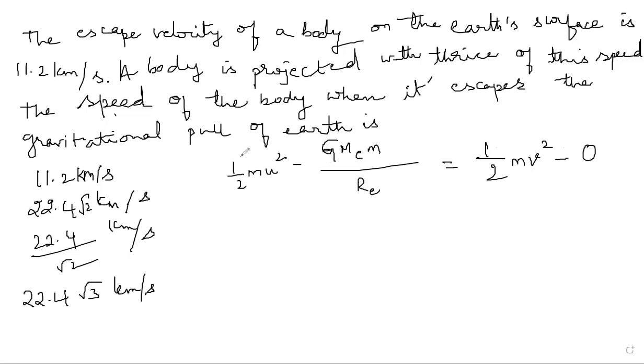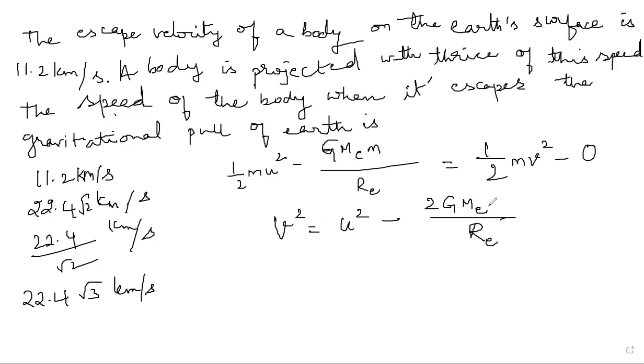I'm going to change that. So finally, half m gets cancelled, and you can write it as v square is equal to u square minus 2GM divided by RE. Why? Because half m you are going to get common. If you take common, in GMm divided by R, 2 will be multiplied.